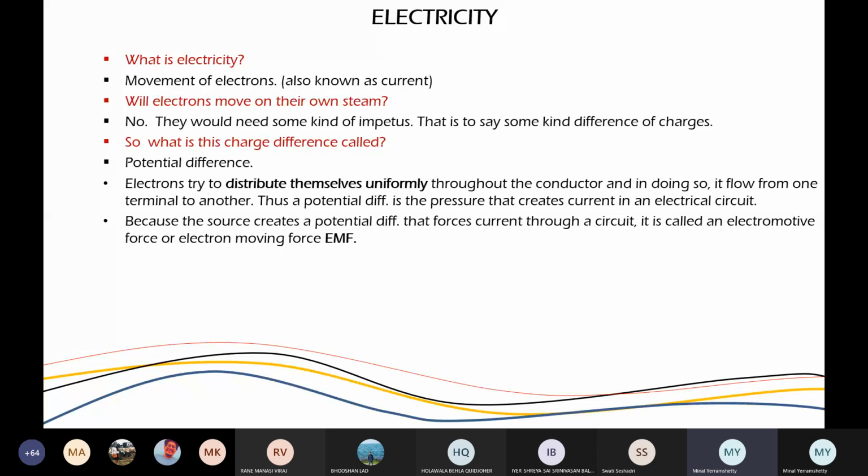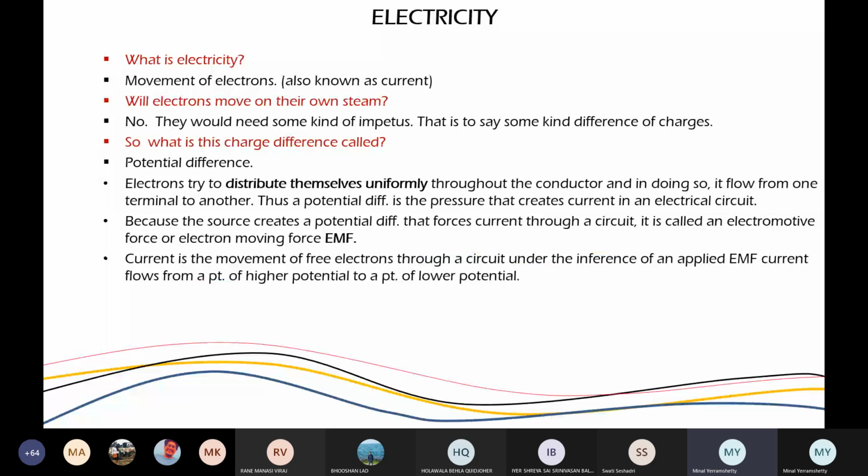This is called the electromotive force, or EMF, which, believe me guys, we don't have to bother about. What do I have to bother about? What is the potential difference that I am getting in my building at the start point of the building? That is really my concern, because if I am going to get only 230 volts, then I will have a problem.